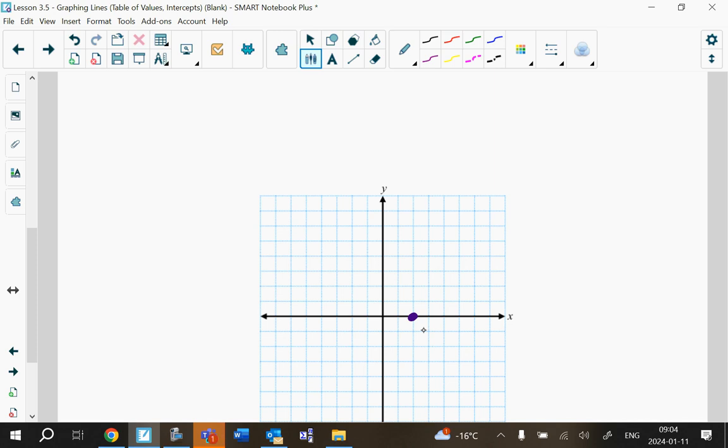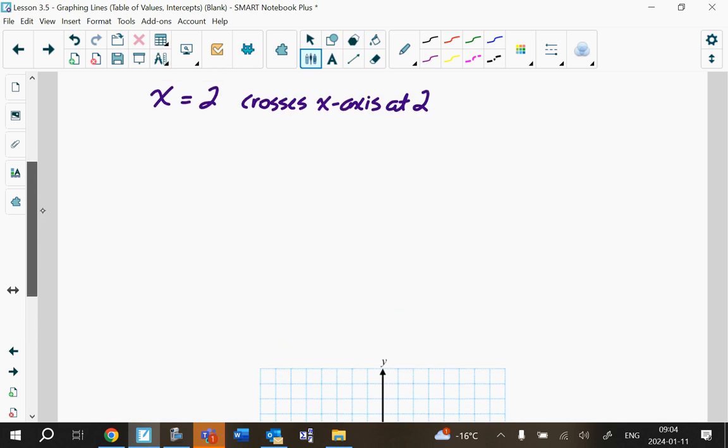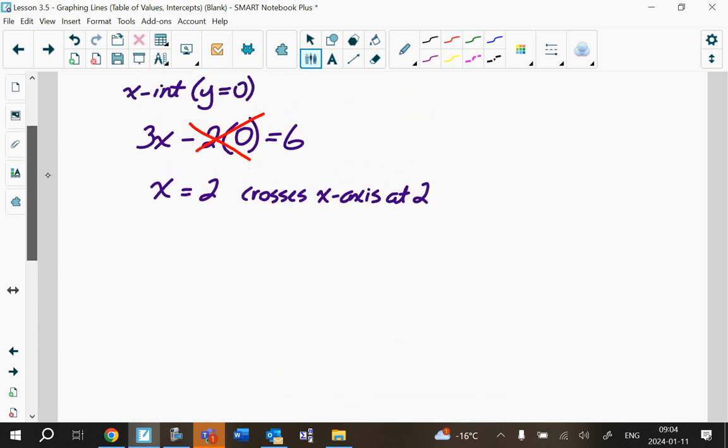Now we find the point where it crosses the y-axis by making x equal 0. Because every point on the y-axis, the x value is always 0. So that's why I can make x equal to 0. So to find the y-intercept, I make x equal 0, or I replace x with 0.